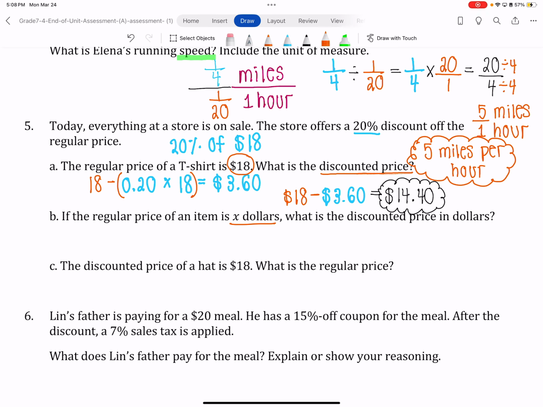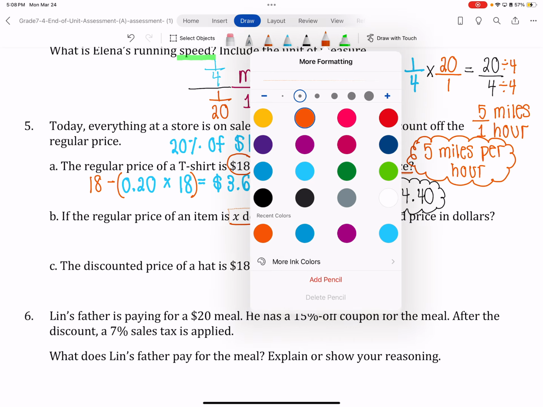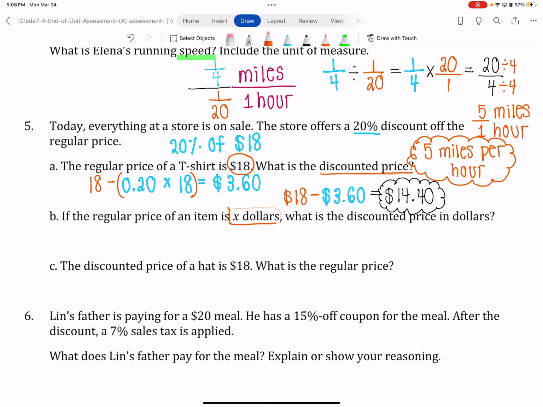Well, in this case, we don't know what the X dollars is. It's an unknown value. So in that case, we're going to assign it a variable X. But it's still going to be discounted at 20% because it's part of the same problem.